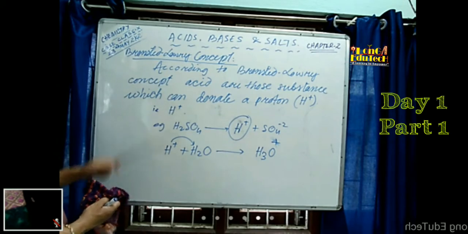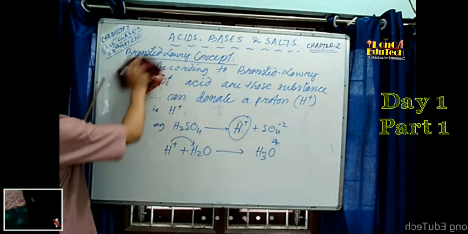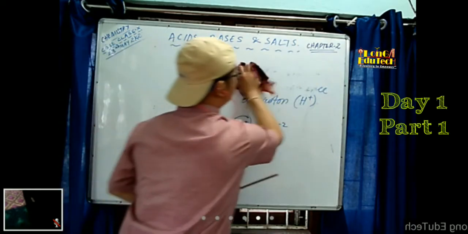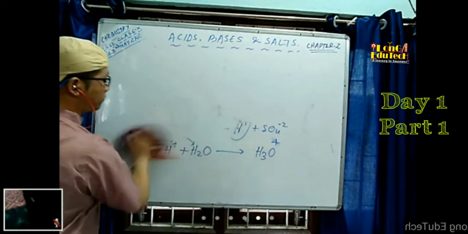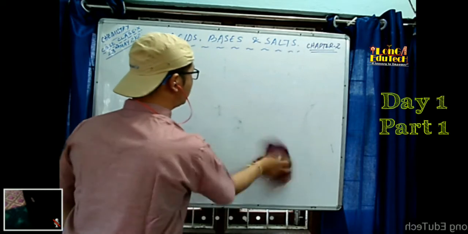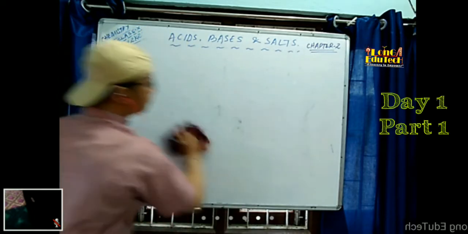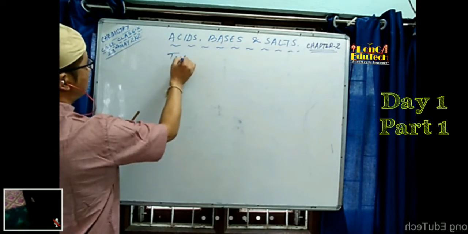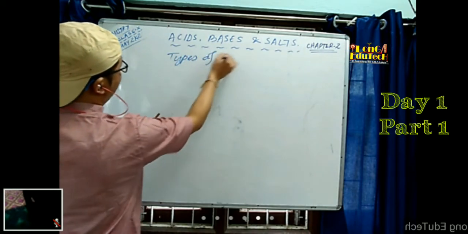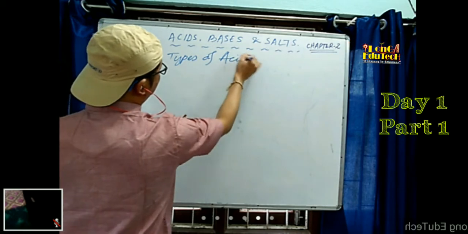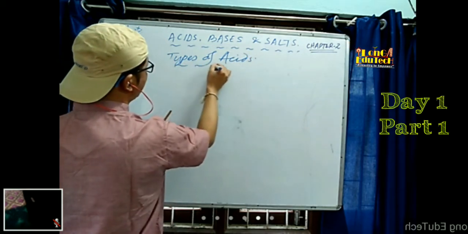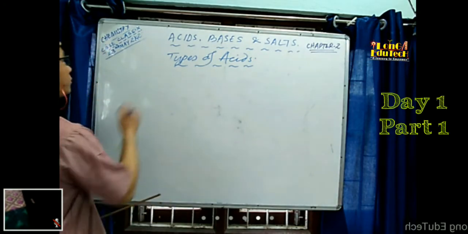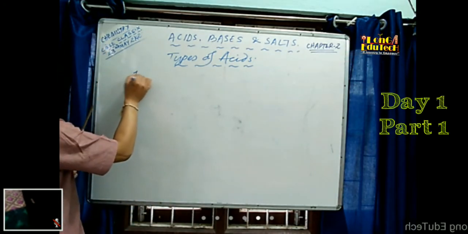This is about the Tonsilloid concept. Now we'll come to the types of acids. Here, in the types of acids, we categorize them into two kinds.